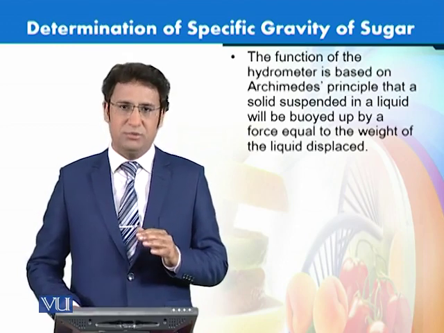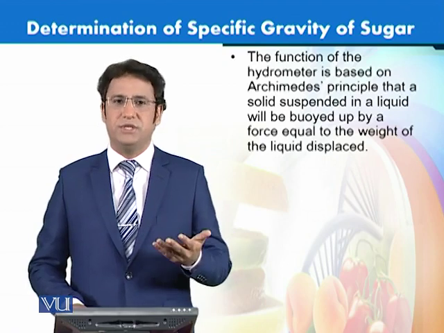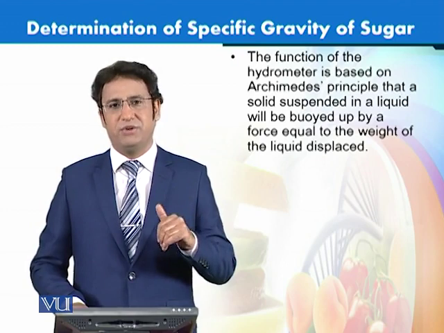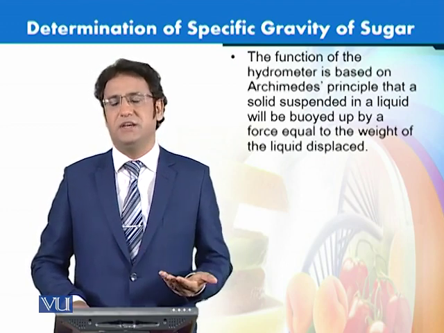So that would tell you whether the product would sink or float on the water surface. If it is heavier, with a high specific gravity, it would sink, and otherwise it would float.